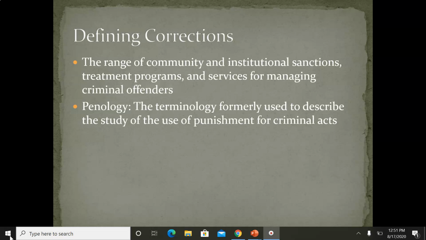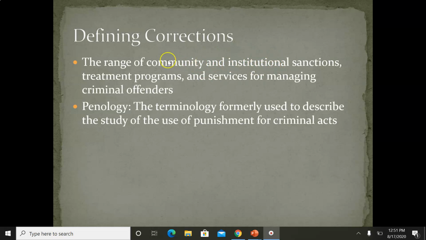But corrections today looks a lot different than it did 100 years ago. Community corrections are much more common now than they used to be, and much more common than institutional sanctions.